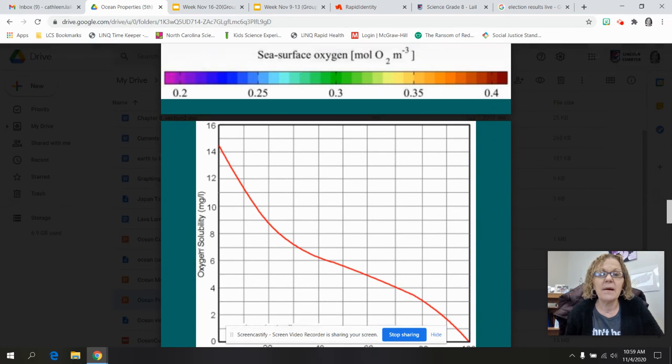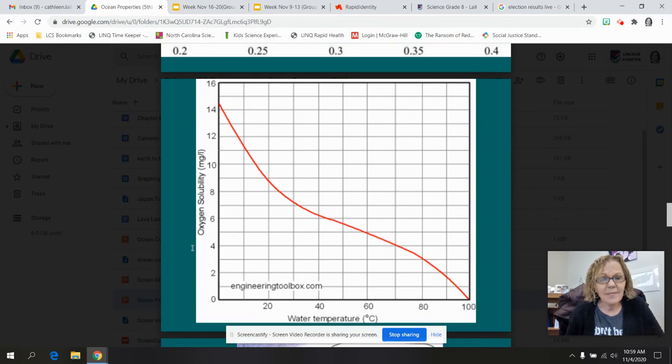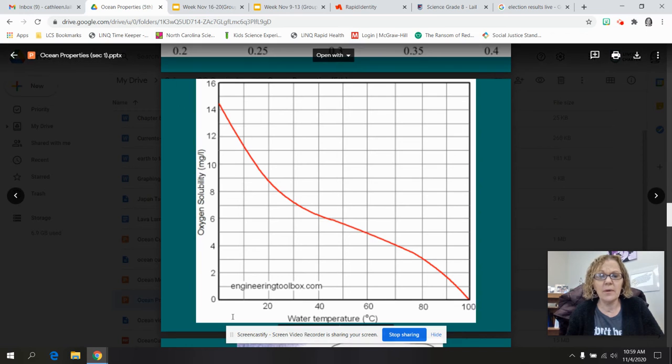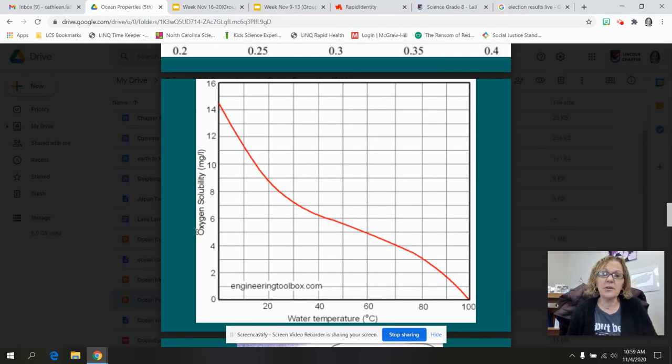Now, this is a graph that shows you the water temperature compared to the oxygen solubility, the dissolved oxygen. The dissolved oxygen is measured in milligrams per liter, while the water temperature is measured in Celsius, not in Fahrenheit. So 0 degrees Celsius is freezing.